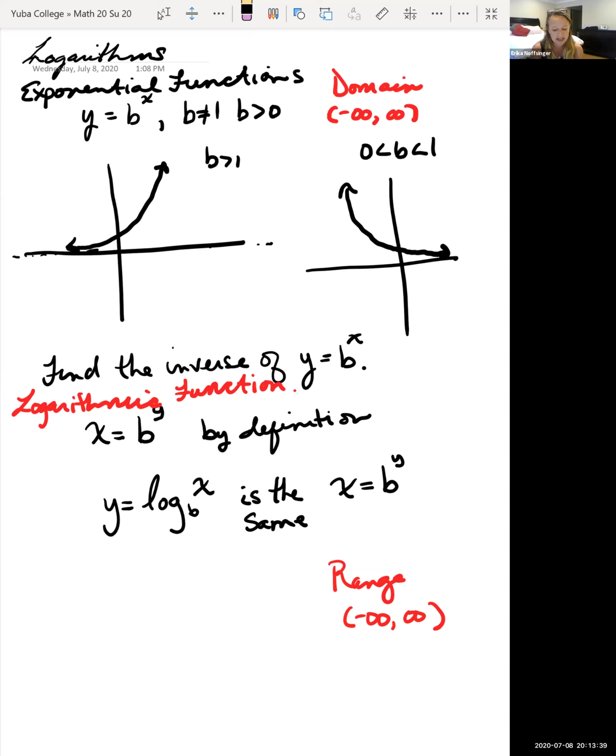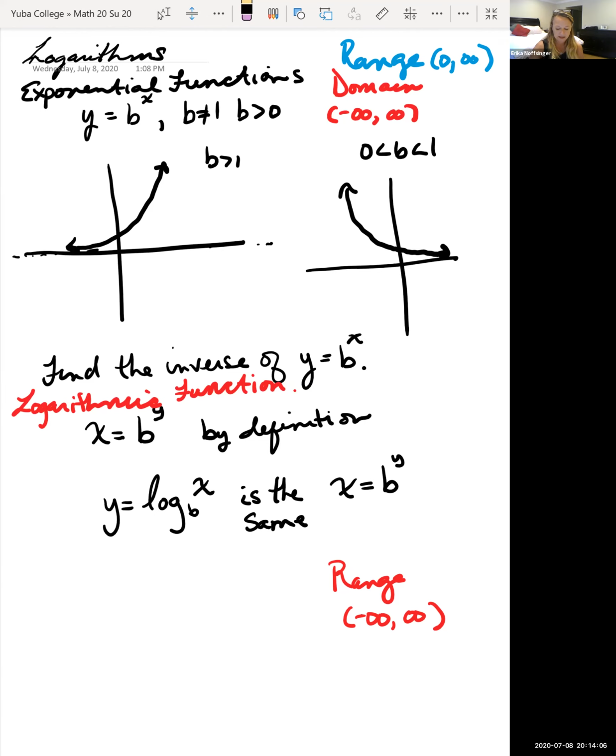If we plugged in a negative number for x, by rules of exponents, that brought it down to the denominator. b was always positive, so 1 over a positive number is positive, and it's getting closer to 0. So our range for our exponential function was getting closer and closer to 0, but never touching the x-axis, so it's from 0 to infinity.